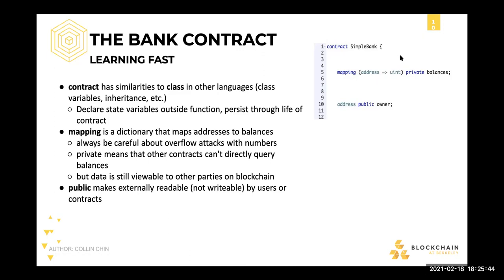It's pretty similar to an integer, but then it's only 20 bytes, which is how long an Ethereum address is. So you input an address and you get an unsigned integer or a uint. And then private modifies balances. So then you can only access balances when you're in the contract. Okay. So mapping is like the keyword for making a dictionary, right? Or like a hash map. Yeah, yeah. Okay.